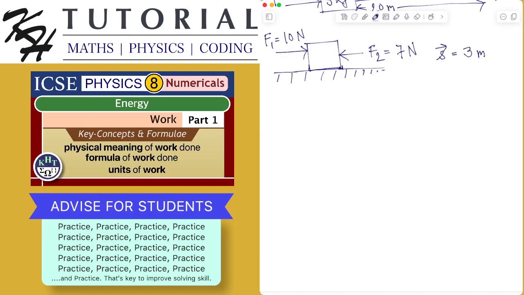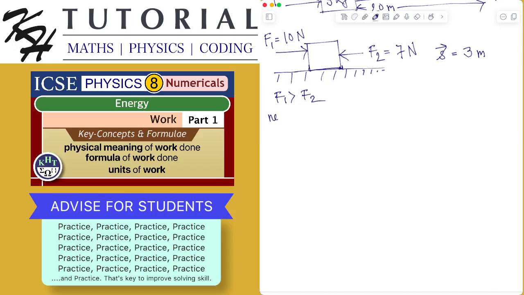Now, from the concept of force, when multiple forces act on a body, how do you calculate the net force? In this case, clearly, since F1 is greater than F2, the net force will act on the body and cause it to move to the right hand side.